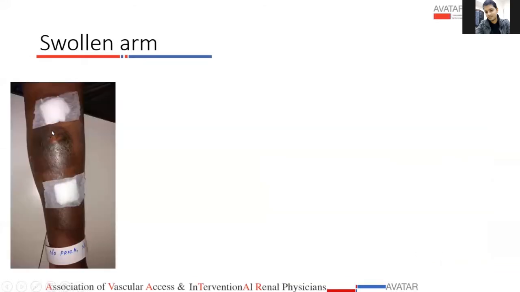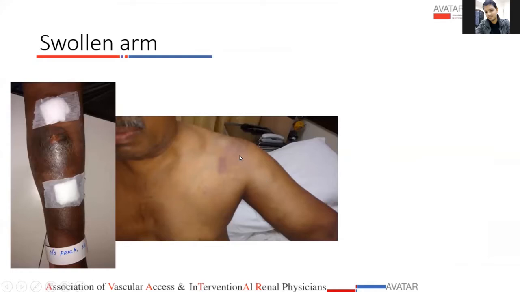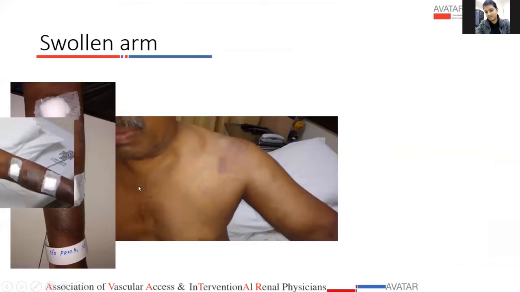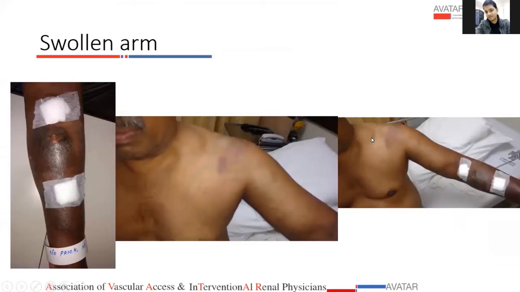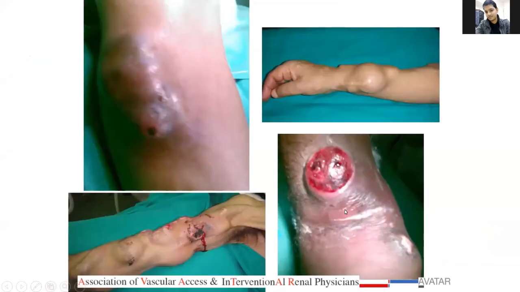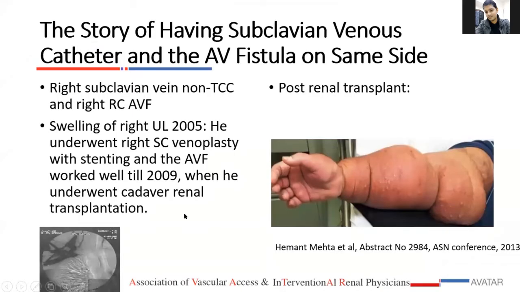This is another one with a working fistula, but with ulceration, blackness, and dilated veins seen all the way up. This is the problem. Probably there is a central venous stenosis here, or this kind of problem where there has been aneurysmal dilatation. So various problems occur.